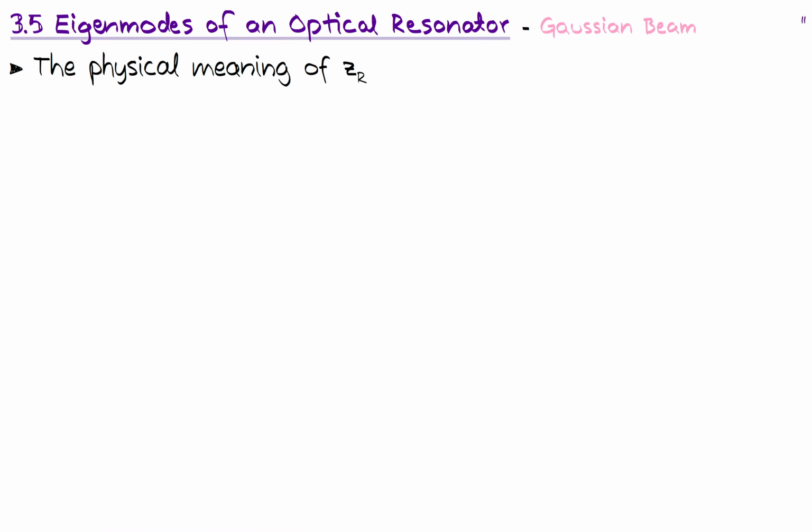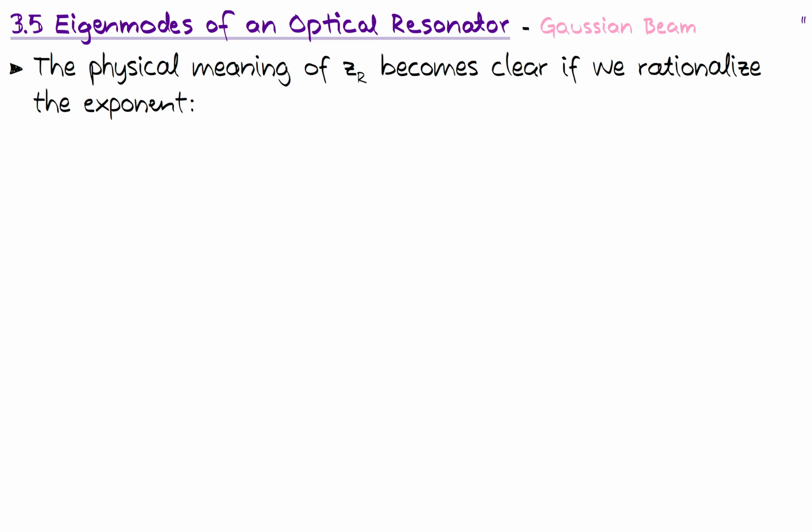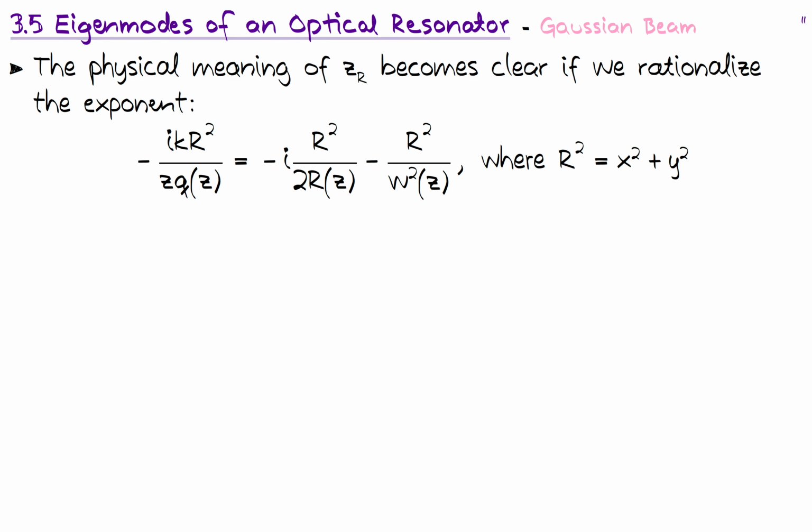The physical meaning of this Rayleigh range becomes clear by just looking at the exponent and rationalizing that. So we can look at the exponent of the previous field amplitude profile, and we can write that in this kind of way, where r squared equals x squared plus y squared. So now this Rayleigh range helps us understand how light is propagating.